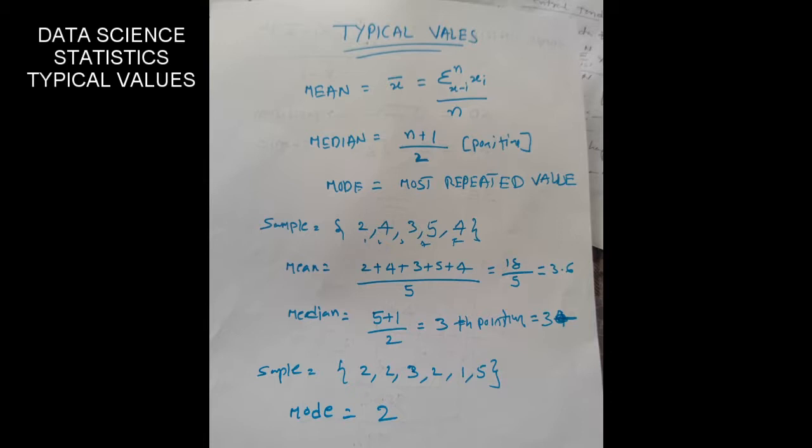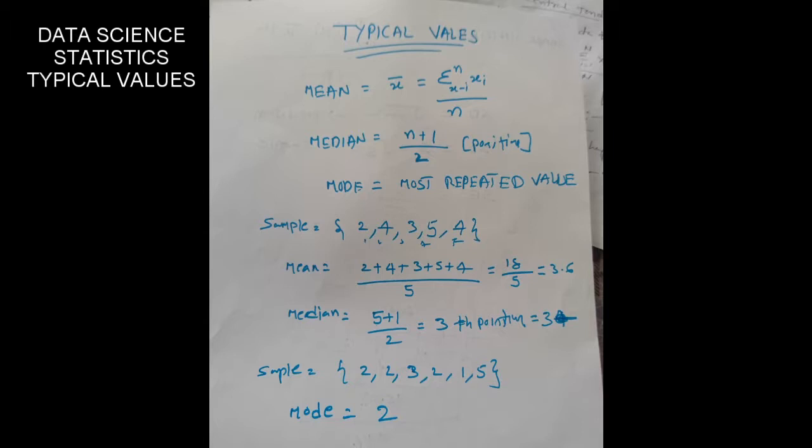So we have another typical value, that is mode. Mode is the most frequently repeated value. For example, if you are given one sample like 1, 2, 2, 3, 4, 5, then 2 is repeating more than once, right?